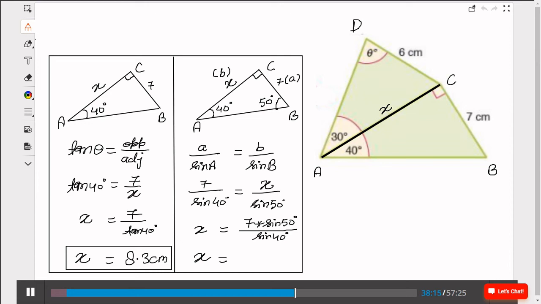Once we got this x, half of the work is done. X we got as 8.3 centimeter. Now we may take the upper triangle ADC. This is the triangle ADC. This angle is theta.